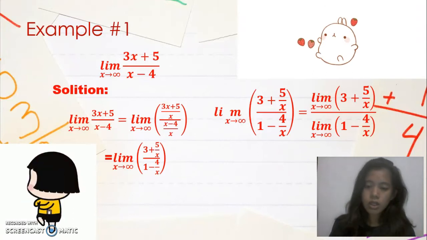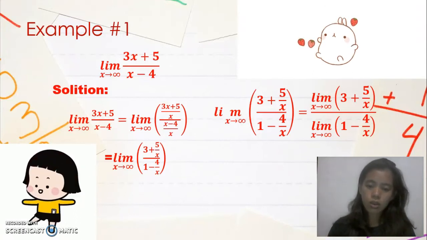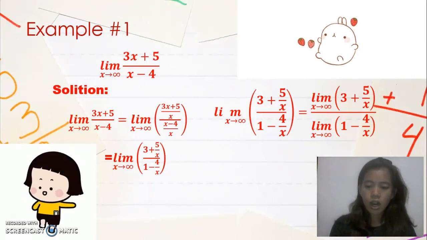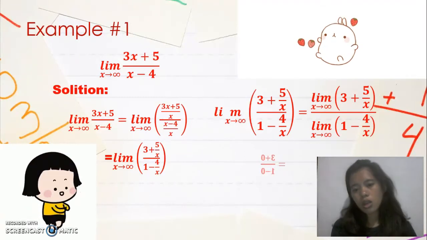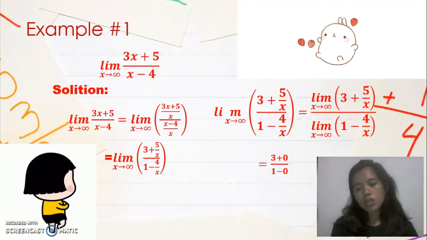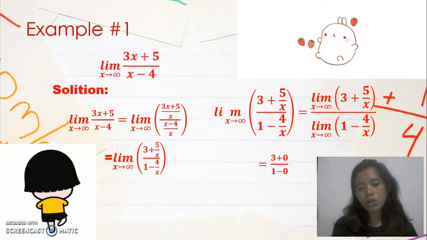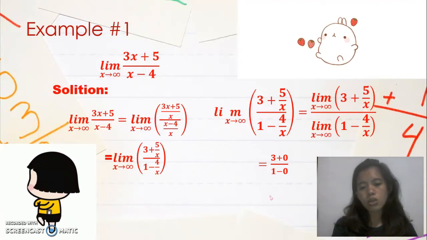So terms with x in the denominator are now going to 0. So here is the answer: 3 plus 0 over 1 minus 0 is equal to 3.